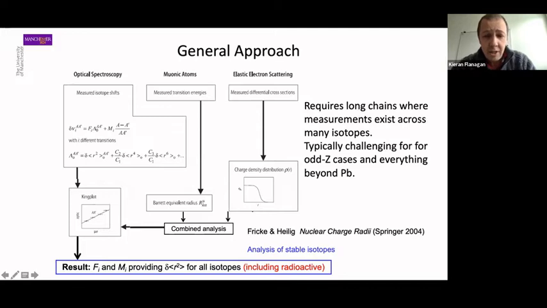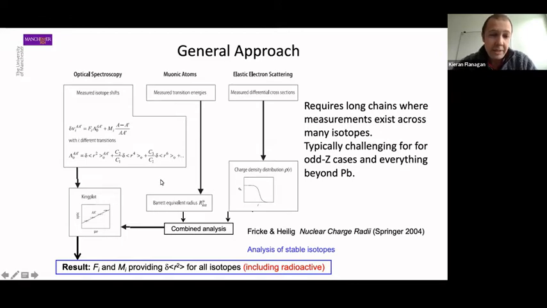Now that requires long chains of stable isotopes, so typically even Z systems and heavier systems. Of course, this type of analysis breaks down if we only have one stable isotope, or in the case of the really heavy systems, no stable isotopes.